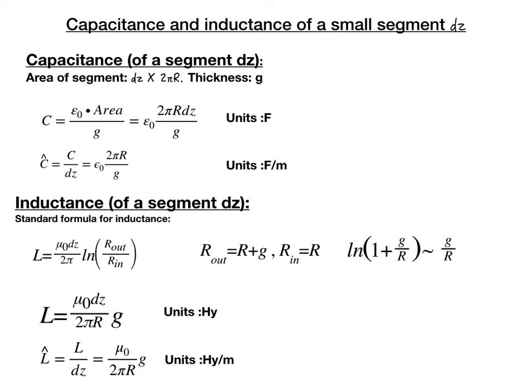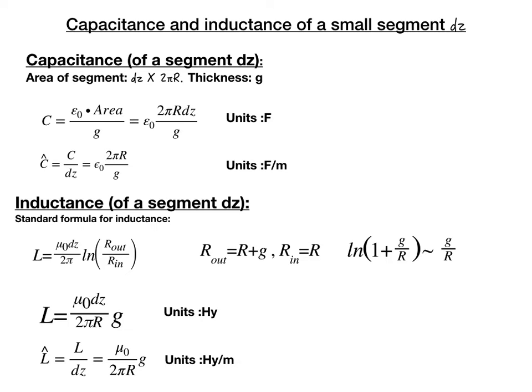Now for the inductance, I'll quote a well-known formula, but don't be afraid, we'll derive it in the next slide. This is the standard formula for inductance of a coaxial line.